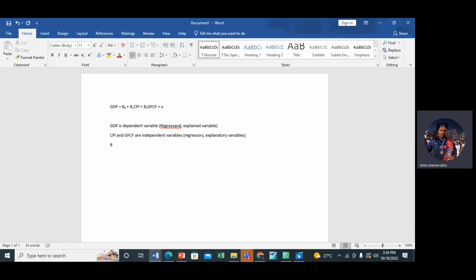This beta 0 is called the constant, or you can also call it the intercept term.